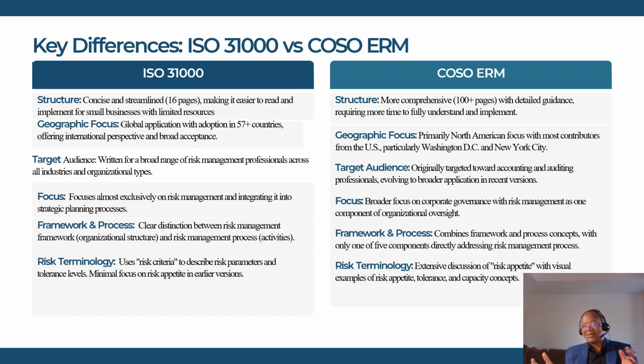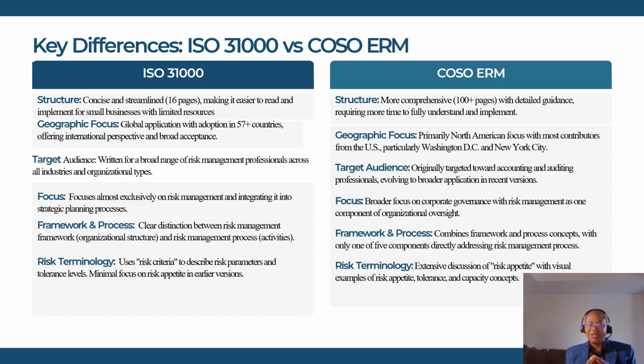Target audience for the ISO 31000 is a broad range of risk management professionals across all industries and organizational types and sizes. On the other hand, the target audience for the COSO was accounting and auditing professionals in the United States, evolving to broader application in recent versions.